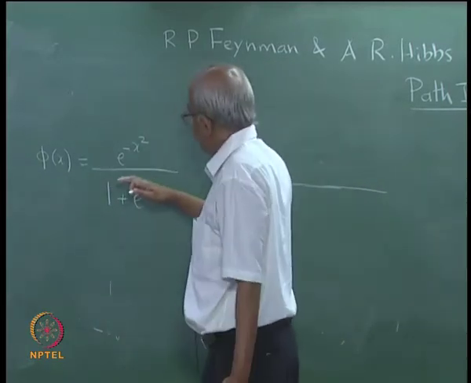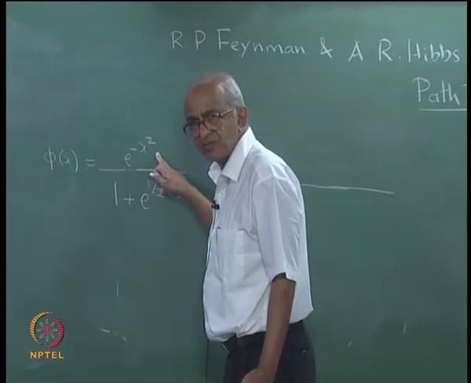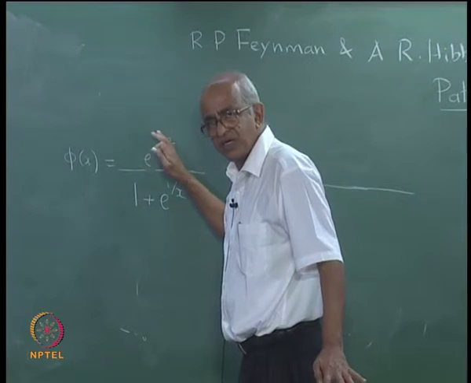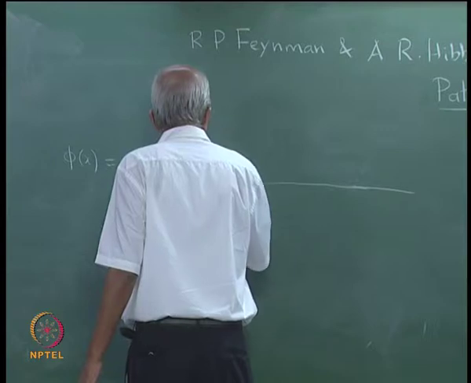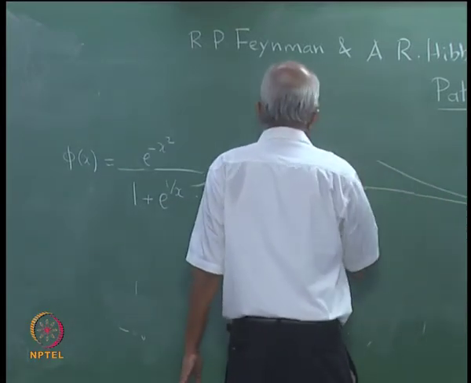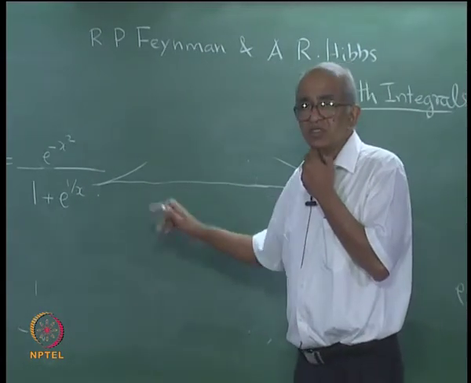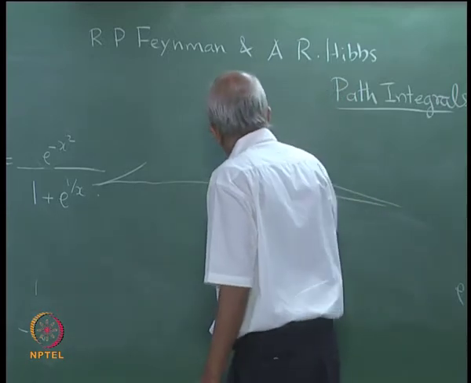Now, if you look at this function, you have e to the power of minus x square. So, as x becomes large, definitely it will decrease the function to 0. So, I know that here the function is going to be vanishing, on the other side also the function is going to be vanishing, but the behavior in between is what is very interesting. Okay, this is x is equal to 0.